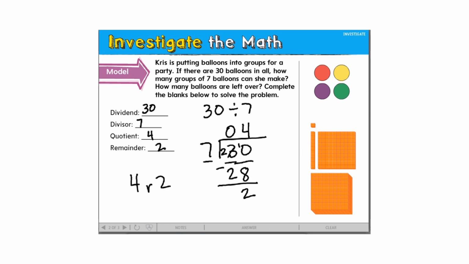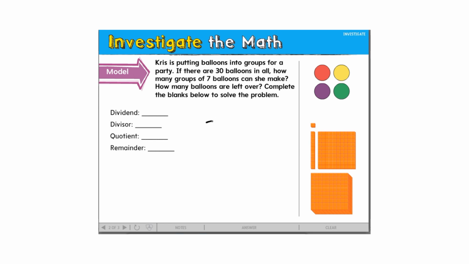Let me show you why it's important to put that placeholder there. It's really because if we don't put the placeholder there, later on when we get to big numbers, because we're going to multiply really big or divide really big numbers eventually, it's hard to make sure you got everything done in the problem.